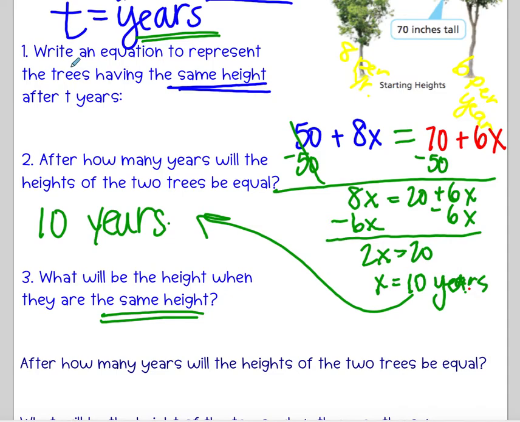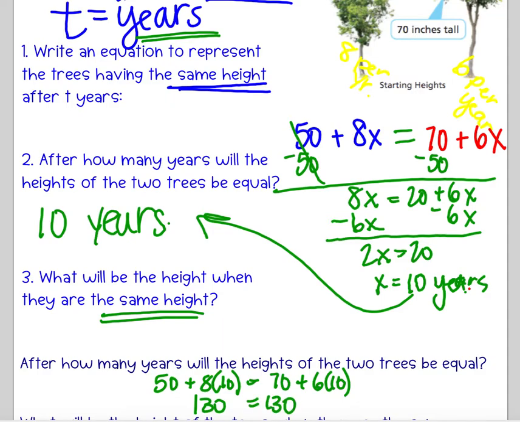So we're going to just take our 10 and substitute it in. So 50 plus 8 times 10 equals 70 plus 6 times 10. 8 times 10 is 80, and 80 plus 50 is 130. And let's just double check. 70 plus 60 is indeed 130 as well.